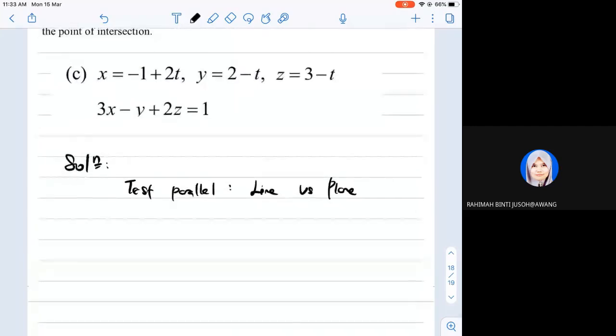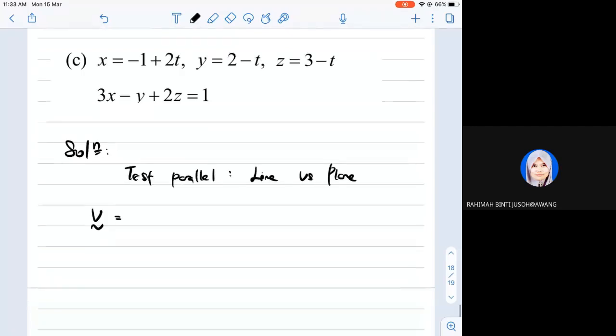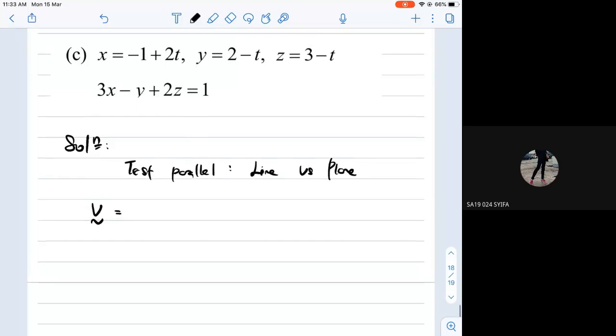So line V. Right, can you give me the parallel vector of the line? 2, -1, -1, okay, good. So ini kita ambil ni 2, -1 dengan -1 kat sini. Alright, very good.